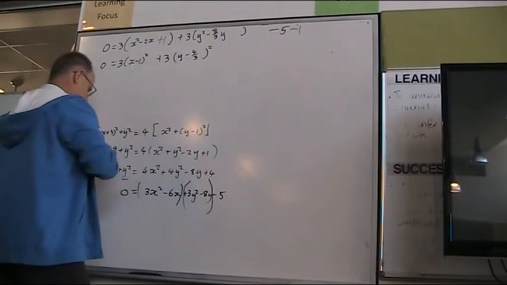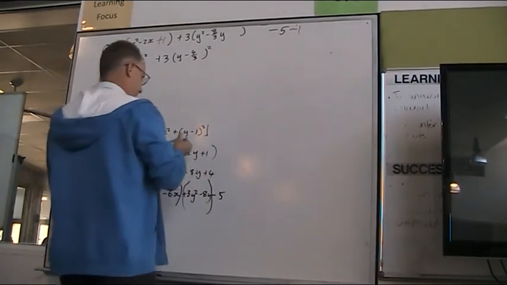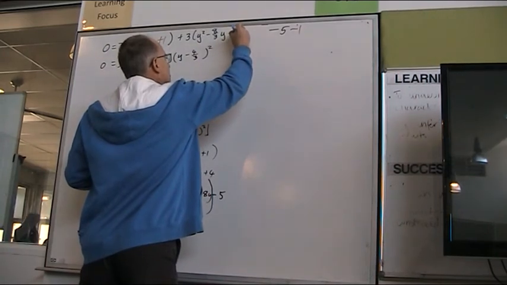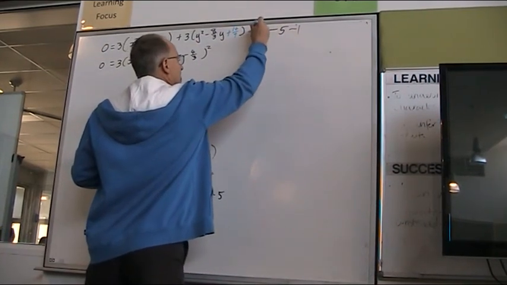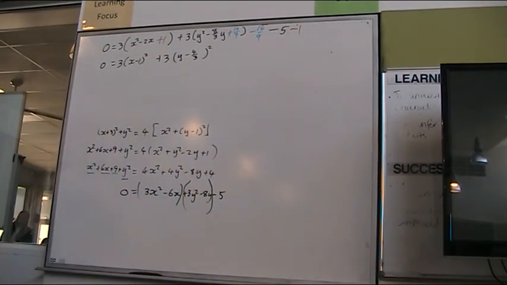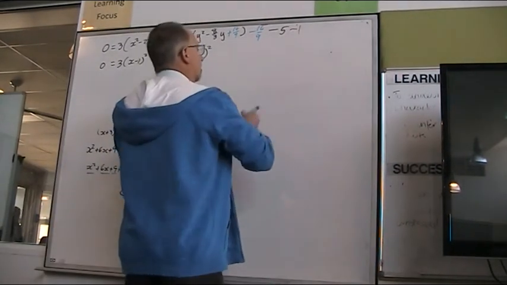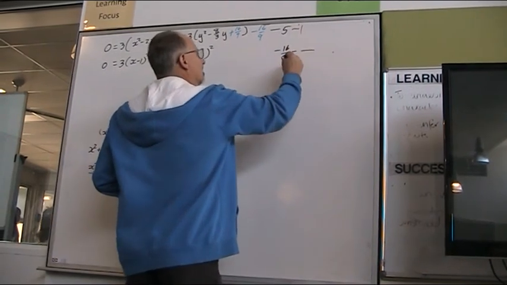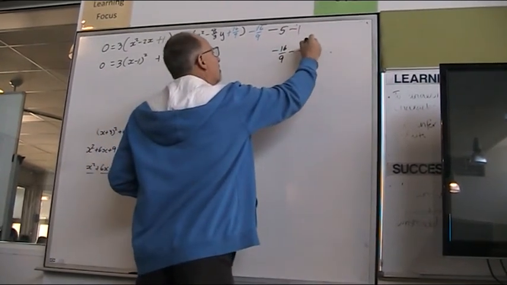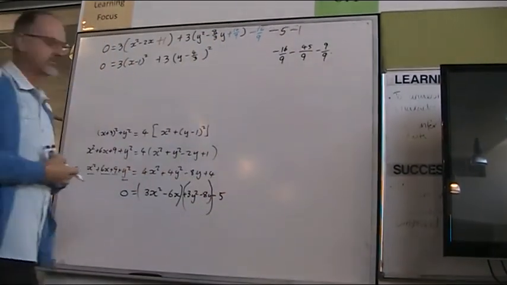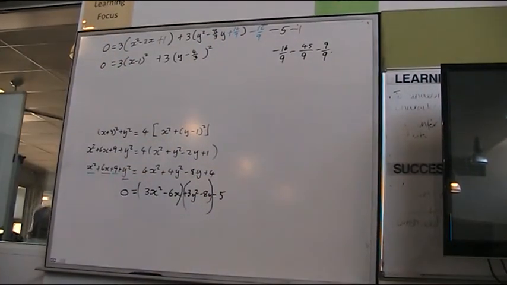And when I square that, I get 16 on 9. So to keep it balanced, I've got to take 16 on 9. And I've got all of that stuff. So I've got minus 16 on 9, minus 5 times 45 on 9, minus 9 on 9, which is minus a lot on 9.